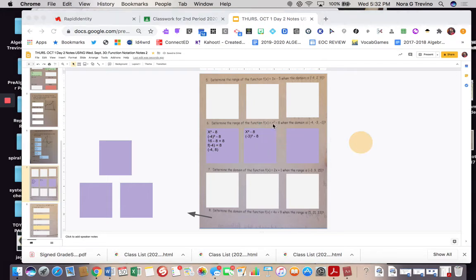I'm still taking the function x squared minus 8, but now my input is a -3. So I inputted that. -3 times -3 is +9 minus 8. That equals 1. So if I write it fancy, I took my function f, I inputted a -3, and I got 1 as my answer. So my ordered pair is -3, 1.